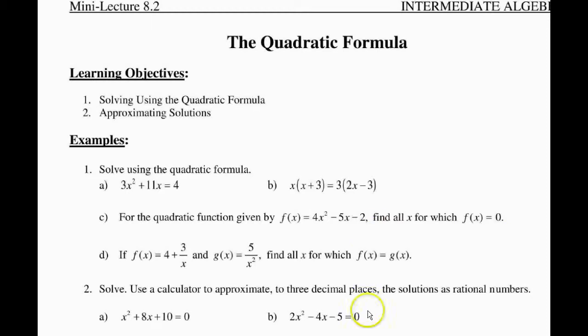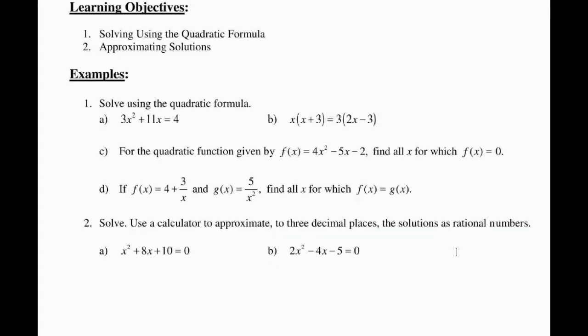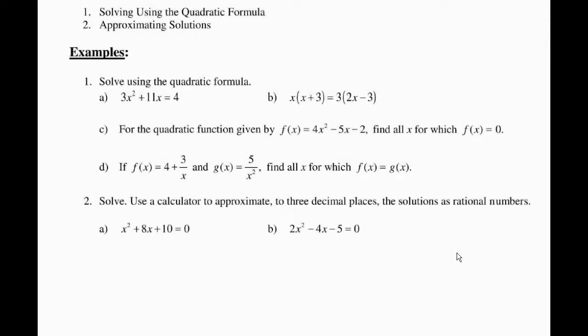All right, let's raise it up a little bit, although we have some room down below, too. So notice that in letter C, they are asking us for this in function form as it equals 0.